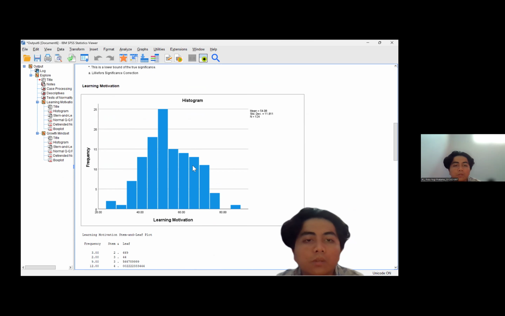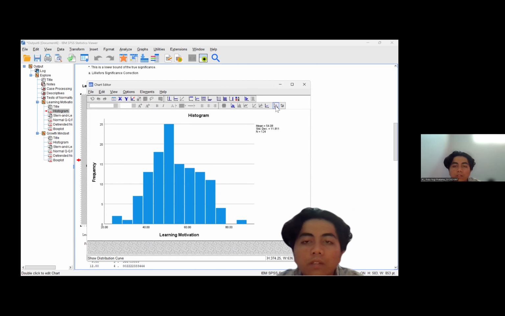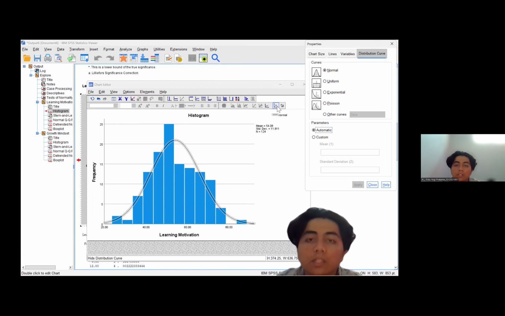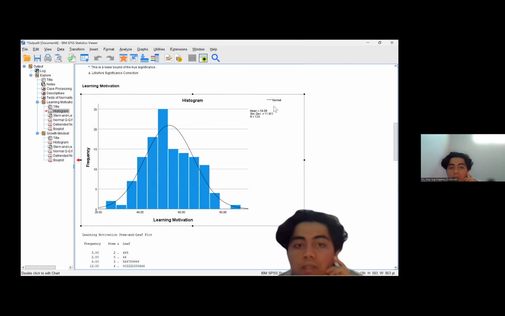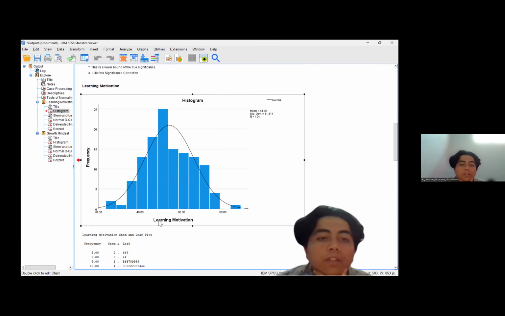Before that, we need to see the histogram. We need to check if the data is normally distributed by showing the distribution curve. Click here, normal, close, close. As you can see, the learning motivation is approximately fitting the bell curve. So the data is approximately normally distributed.